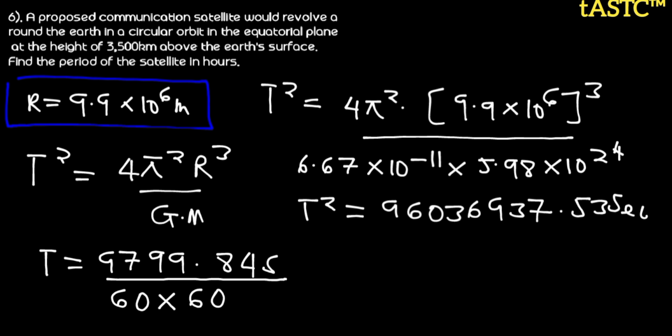So that is what you're going to have. So we need to divide that by 3600. So we're going to have 2.72 hours. That will be the answer to the question.